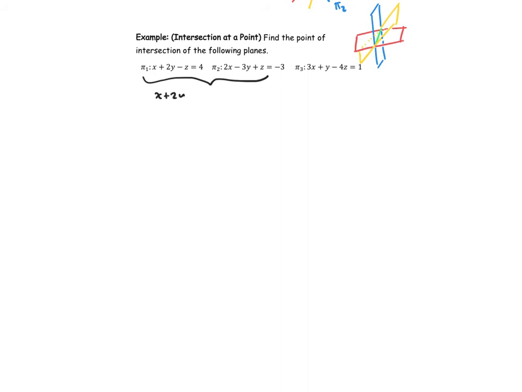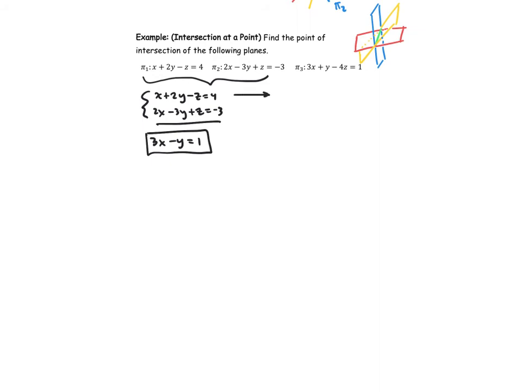I'm going to write x plus 2y minus z is equal to 4, and 2x minus 3y plus z is equal to negative 3. Now, why did I choose these two in particular? Because it's actually nice. I can just eliminate z immediately. Okay, so I'm going to add them together. I get 3x minus y is equal to 1. That's going to be useful here in a minute.